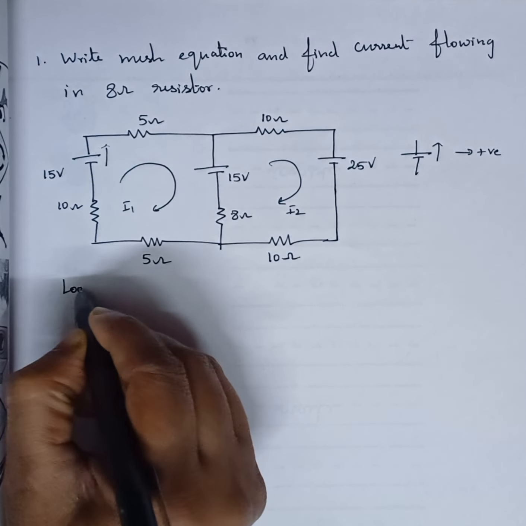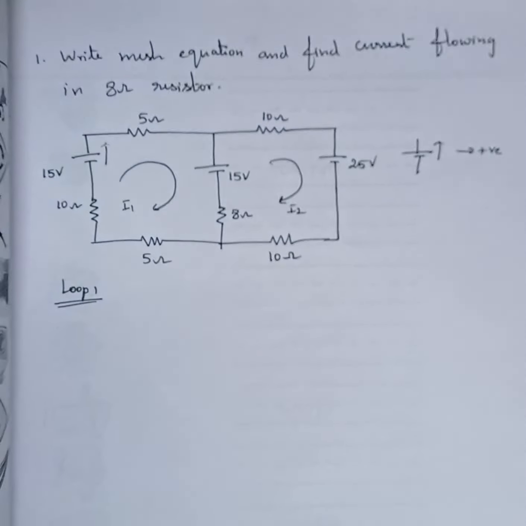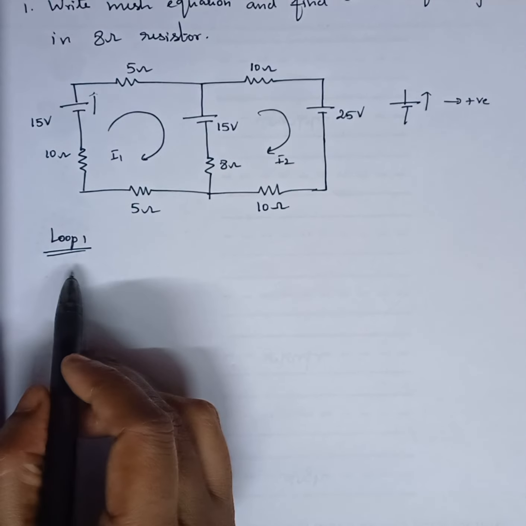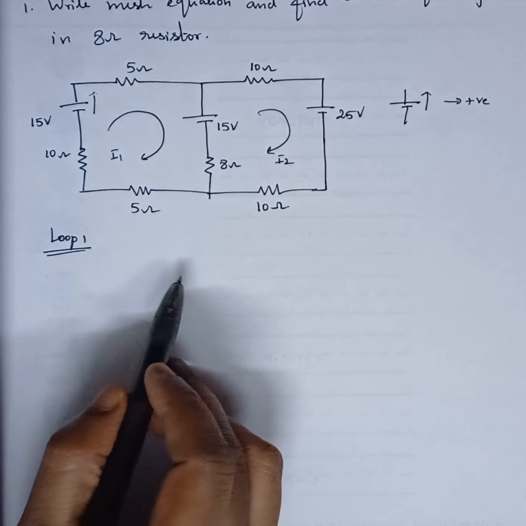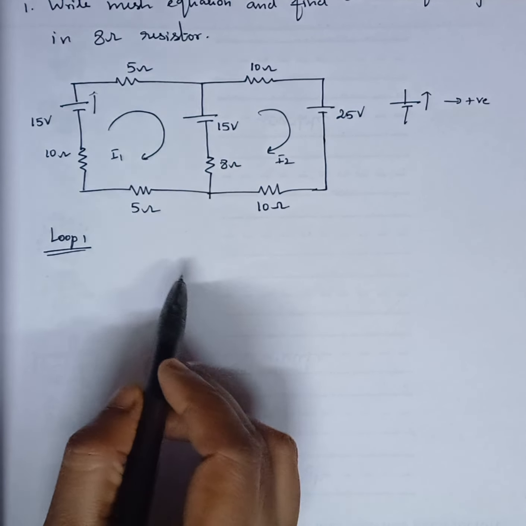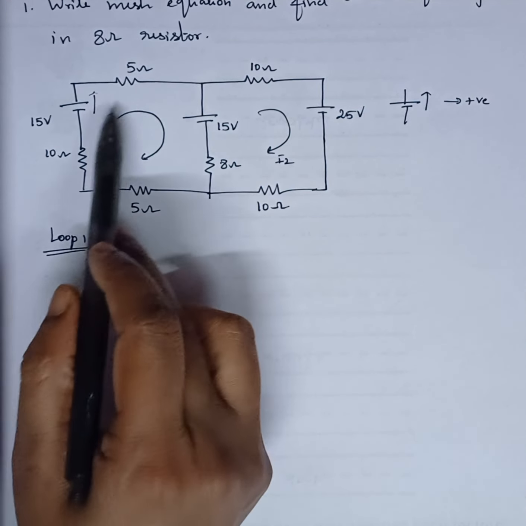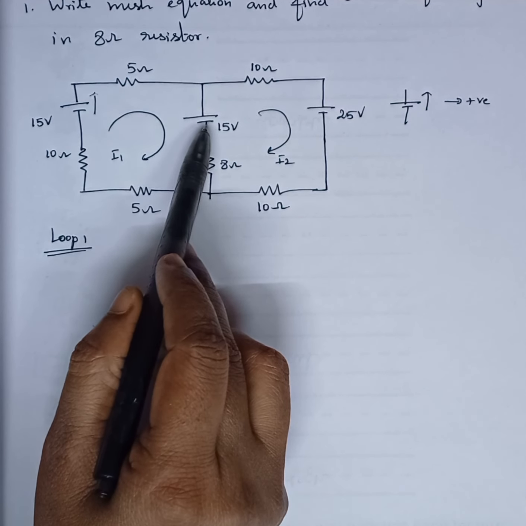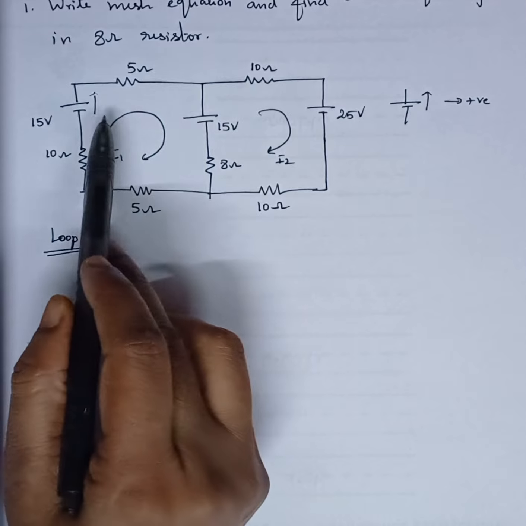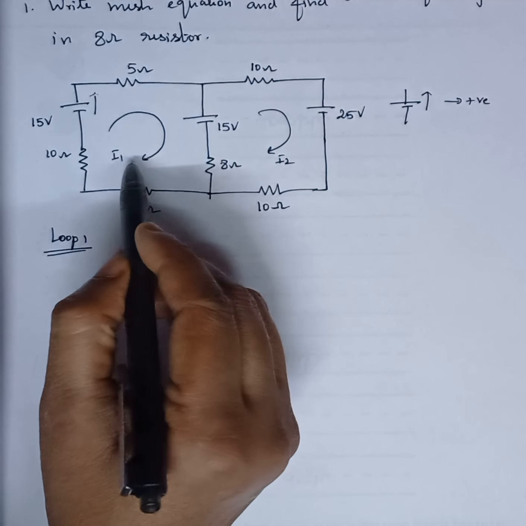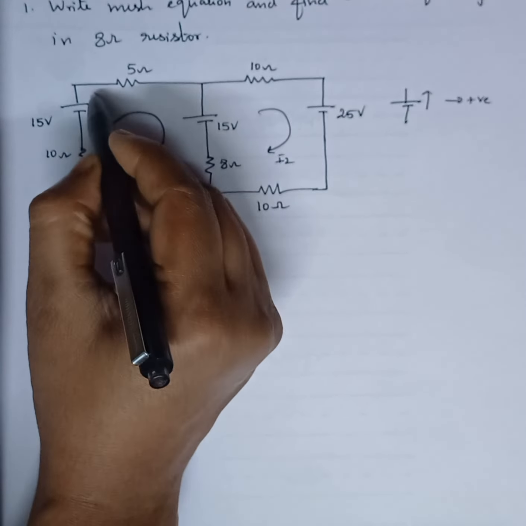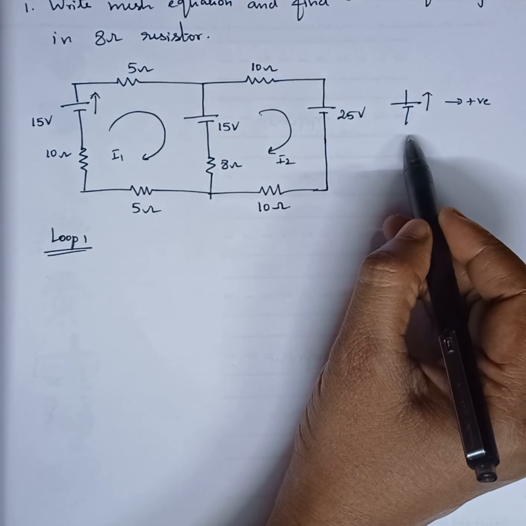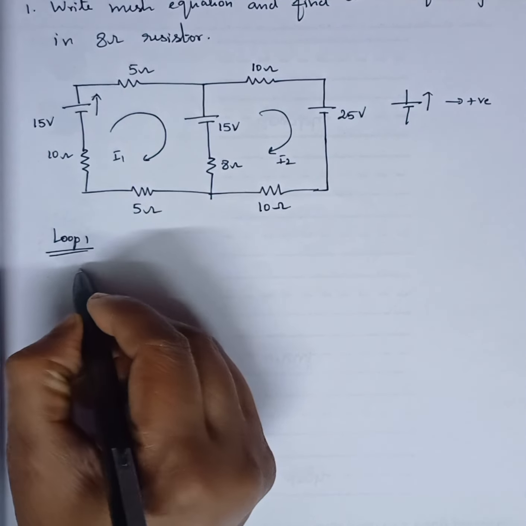So for loop 1, the KVL equation is: the algebraic sum of the potential rises is equal to the sum of potential drops, correct? In this loop we have two potential rises, and we have to consider whether each is positive or negative. The first one, we have considered this direction, as we specified here already, so we take this as plus 15.